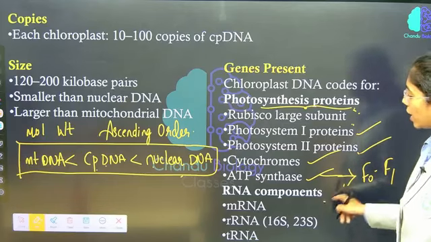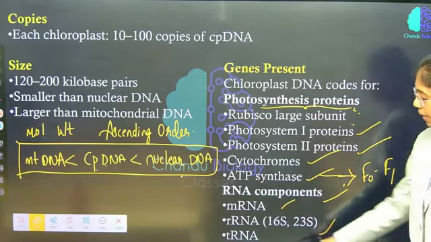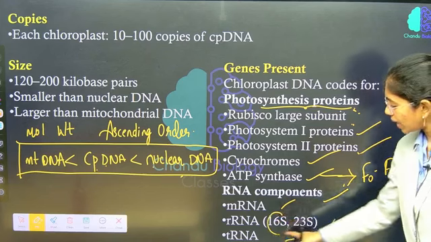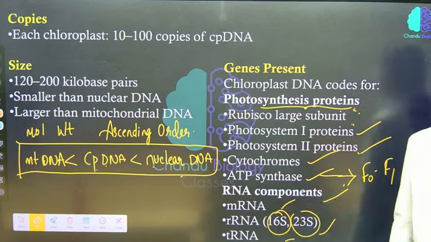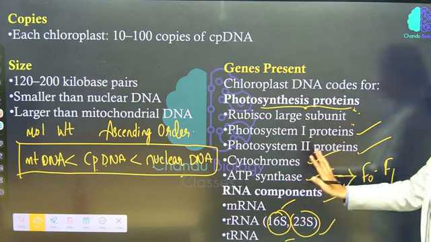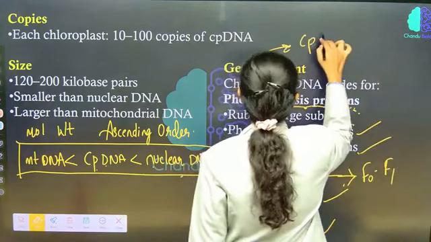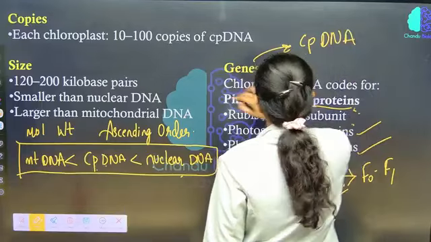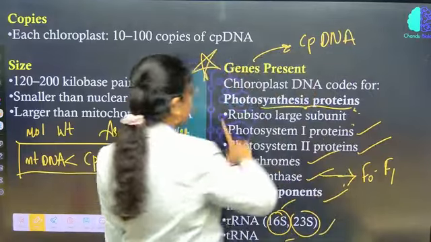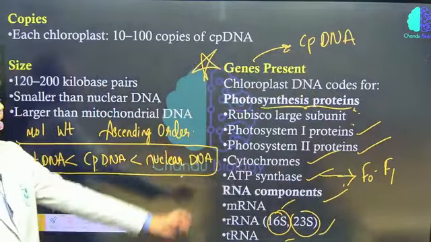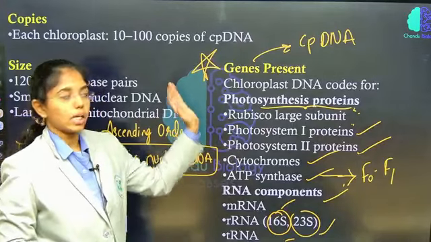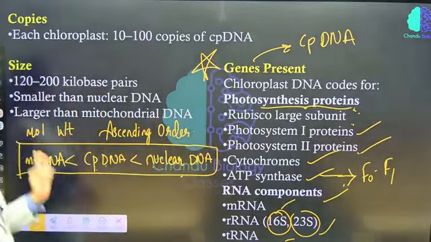And then RNA components like mRNA, rRNA, tRNA, and from rRNA again the 16S and 23S subunits. These are all synthesized by the genes present in the chloroplast DNA. Very important to be noted, remembered and focused. What proteins and components are synthesized by chloroplast DNA is very important.